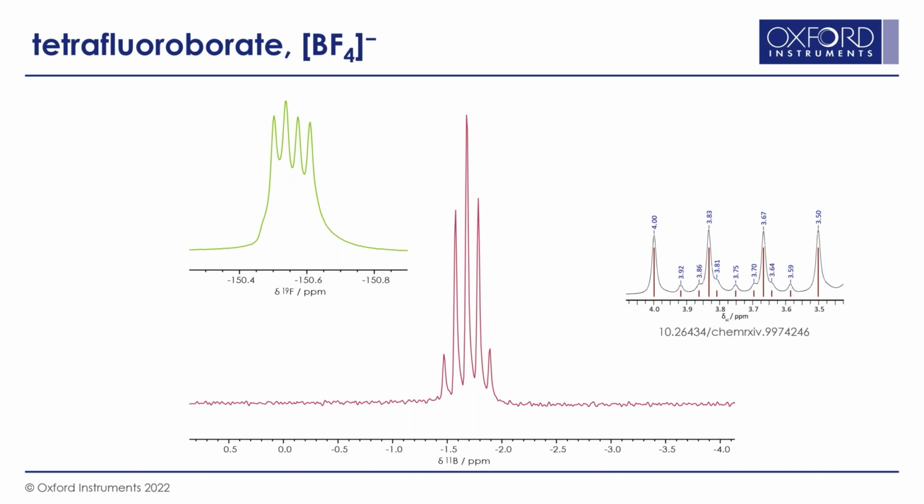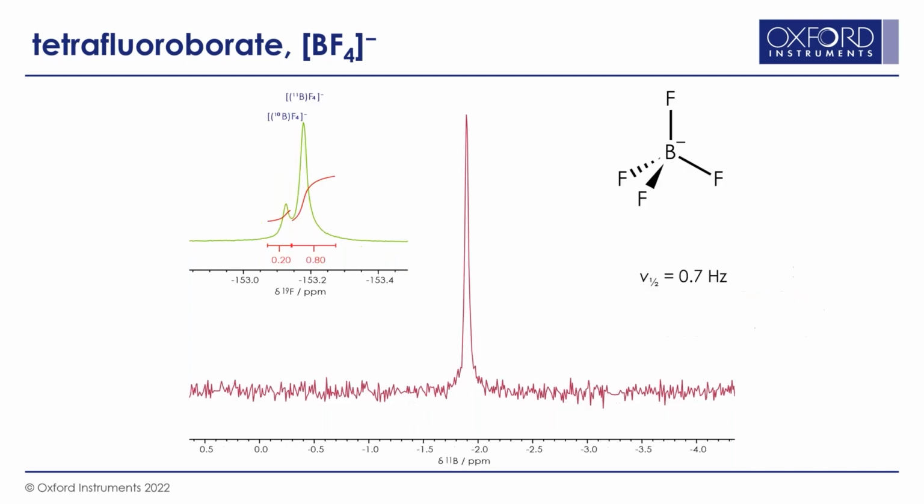As I've already mentioned, one of the features of quadrupolar nuclei is that J-couplings are not always observed. In this case, the tetrafluoroborate spectra shown were obtained in water. However, if the spectra are obtained in acetonitrile, no coupling is observed, and the signals appear as singlets in both the boron 11 and fluorine 19 spectra, except there's 2 peaks in the fluorine 19 NMR spectrum.